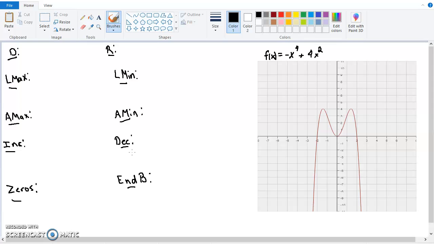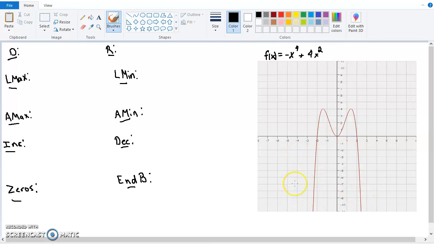So, this is your equation, minus x to the fourth plus 4x squared. When looking for your domain, you want to look at increasing and decreasing.